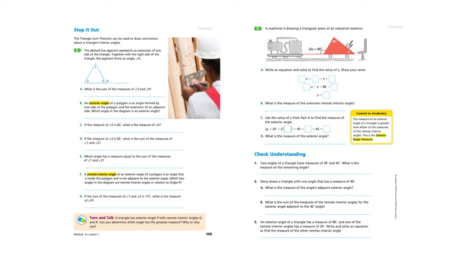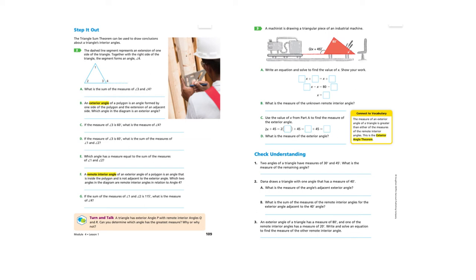A remote interior angle of an exterior angle of a polygon is an angle that is inside the polygon and not adjacent to the exterior angle. So we determined that angle 4 is the exterior angle of this triangle, and adjacent means next to or adjoining.